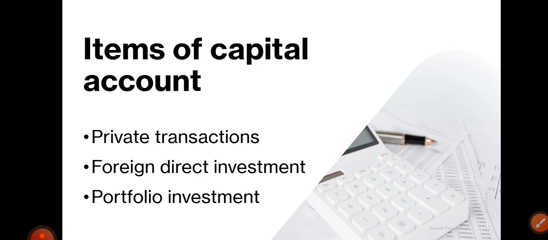Next is foreign direct investment. So what is foreign direct investment? Foreign direct investment means the act of purchasing an asset and at the same time acquiring control of it. Suppose a country like USA buys an asset in India.